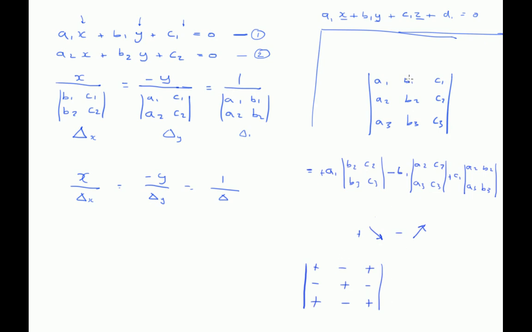So we could, for example, come down the B1 column and have minus B1 times the determinant of its minor A2, C2, A3, C3, plus this time B2, and the minor of that is A1, C1, A3, C3, minus B3 times the determinant of its minor, which is A1, C1, A2, C2.